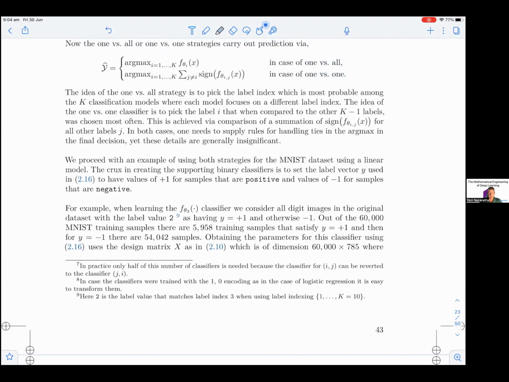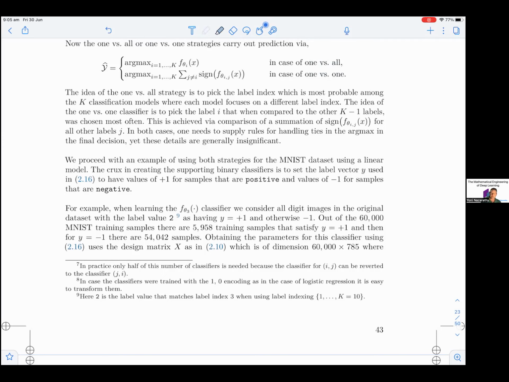The idea of the one versus one classifier is to pick the label i that, when compared to the other k minus 1 labels, was chosen most often. This is achieved via comparison of a summation of sign f theta ij of x for all other labels j. In both cases, one needs to supply rules for handling ties in the argmax in the final decision, yet these details are generally insignificant.